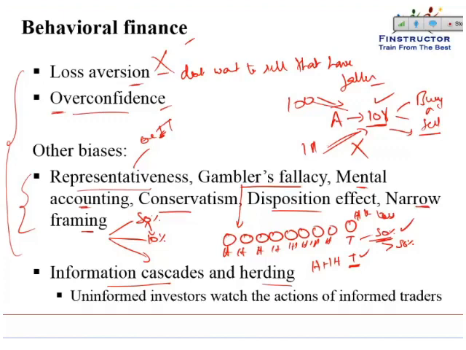So if one big fund is buying into a particular stock, a lot of investors start buying the same stock, thus causing that stock to become overvalued and other stocks to become undervalued. So this herding behavior and information cascading from informed investors to uninformed investors again may create overvaluations and undervaluations or create anomalies in the market.